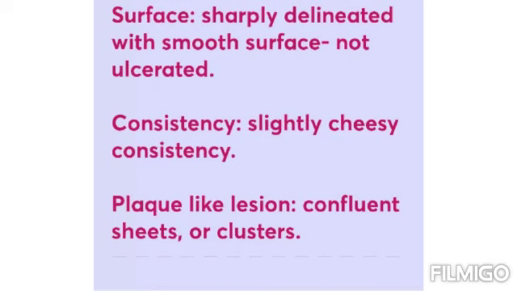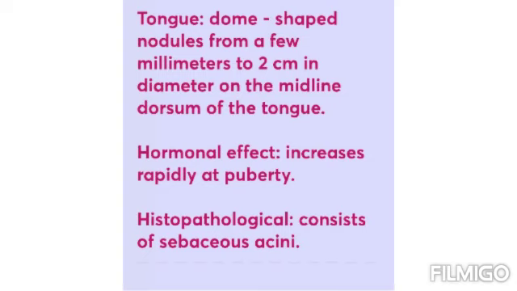These plaques are slightly above the surface of the tissue, sharply delineated with a smooth surface, but not ulcerated, and the consistency is slightly cheesy. It is present as confluent sheets, or sometimes occurs in clusters, and may also form plaque-like lesions.